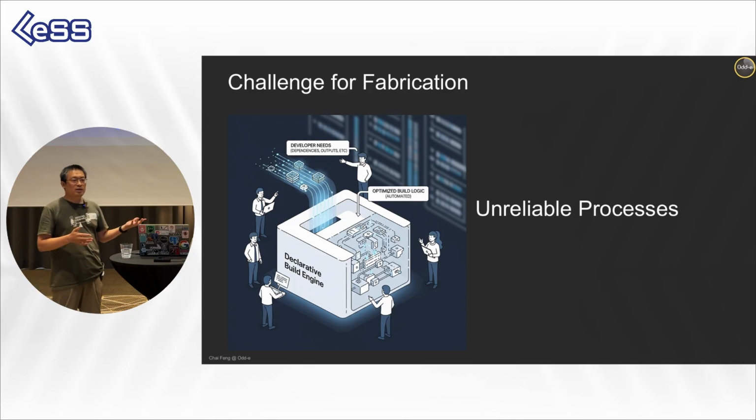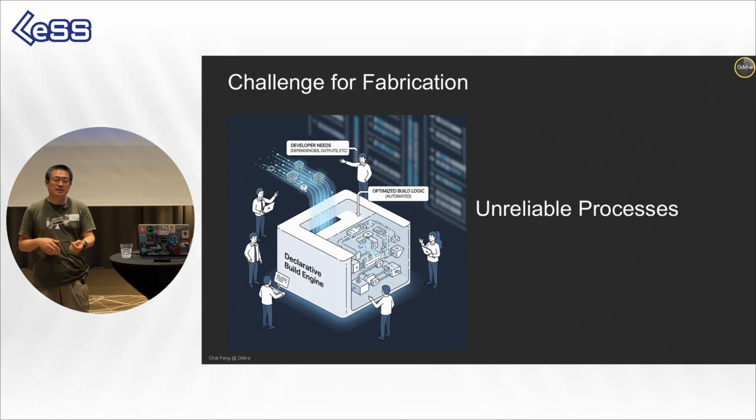The old way was to use rulebooks or checklists which ask developers to follow these guidelines to make their builds hermetic, deterministic, and idempotent. But this approach is fragile. It's easy to get wrong. It depends on developers' experience, right?